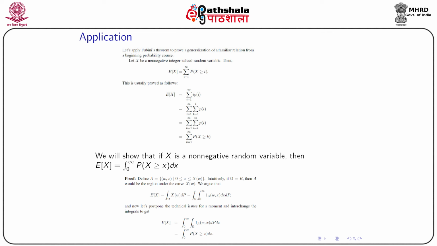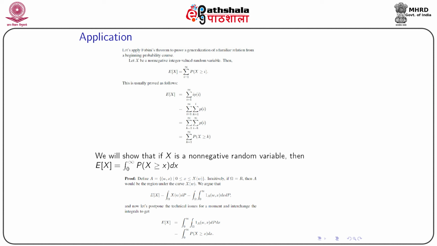We'll show that if X is a non-negative random variable, then the expected value of X is the integration from 0 to infinity of probability X greater than or equal to x dx. To prove this, we define a set A which is the collection of (omega, x) such that x lies between 0 and X(omega).